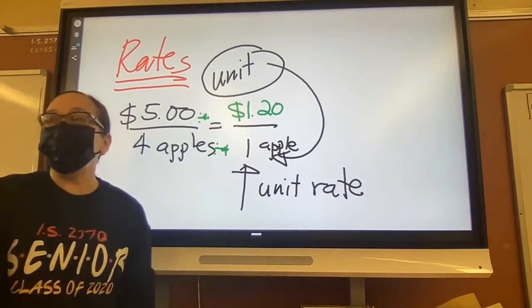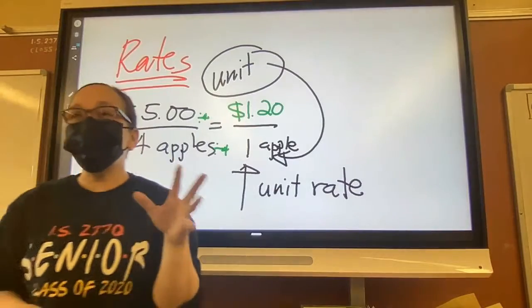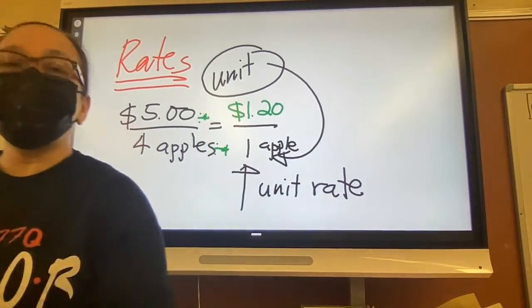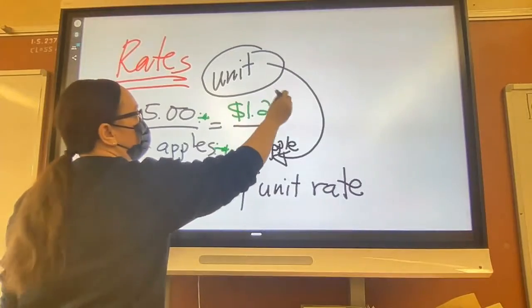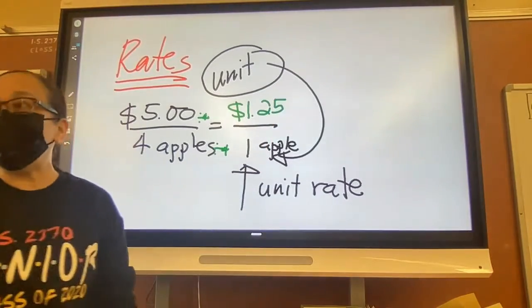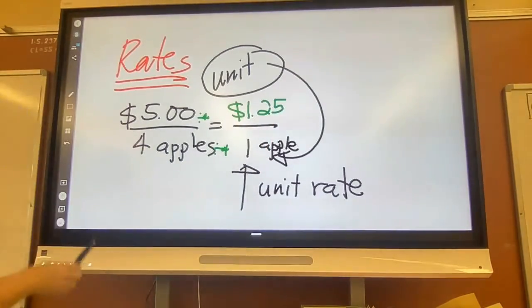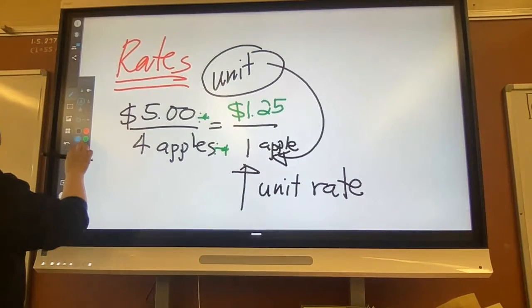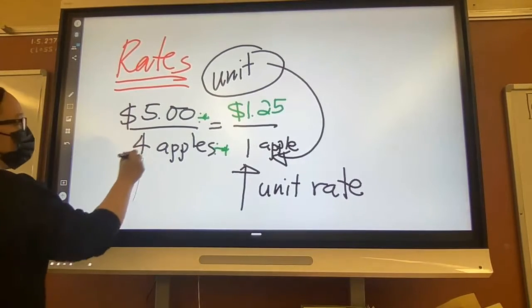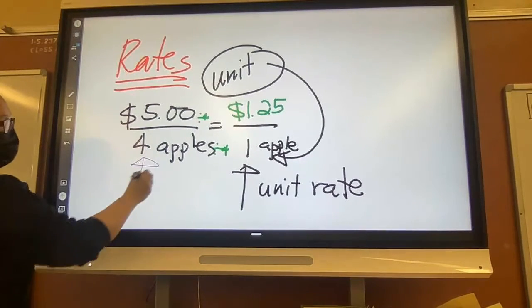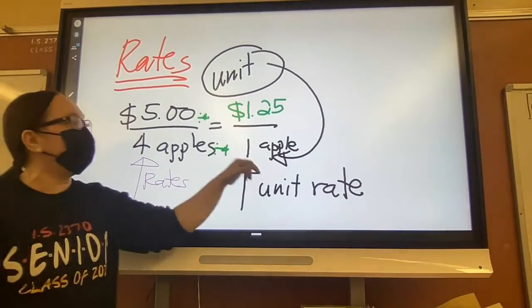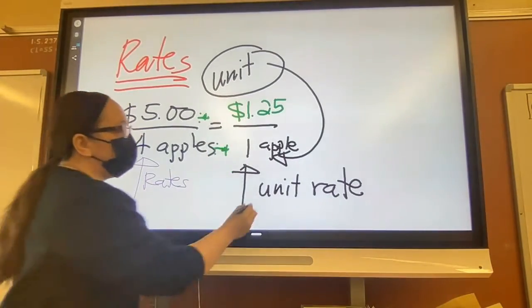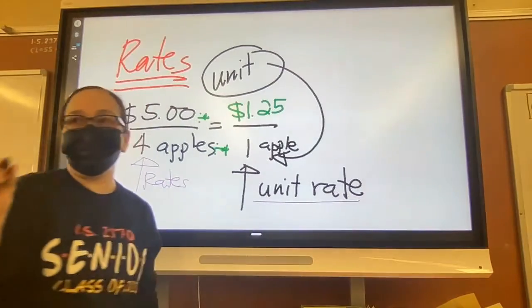Since 1.20 times 4 is only 4.80, you're missing 20 cents, so it's supposed to be $1.25. We call this a rate, and every time we have a denominator of 1, we call it a unit rate.